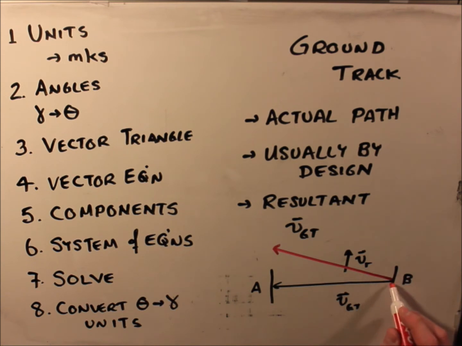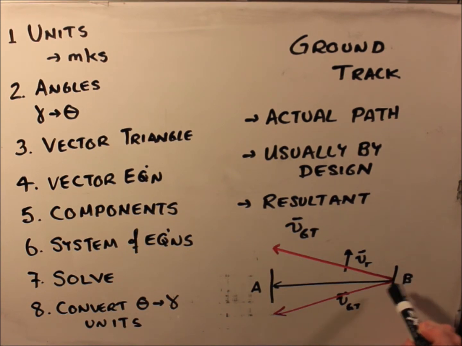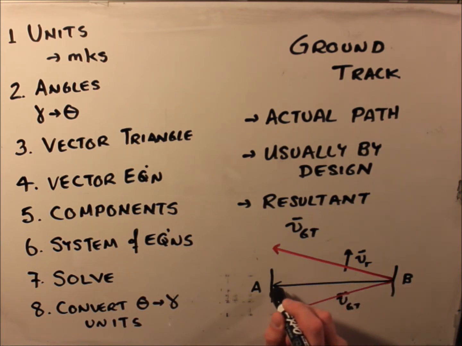If we correct inappropriately, we could even end up further upstream. But the premise of this particular undertaking is that the boat is supposed to go from station B to station A. And so we want to pilot our ship in such a way that the boat goes straight across. And so we are forcing, by design, our ground track.